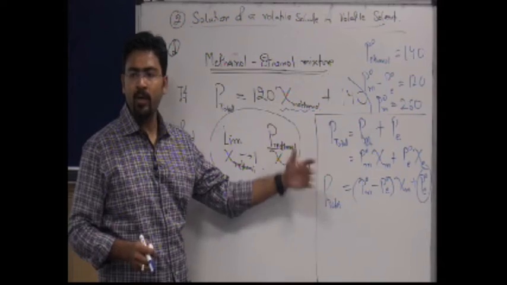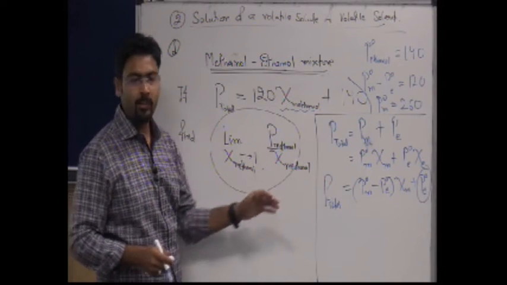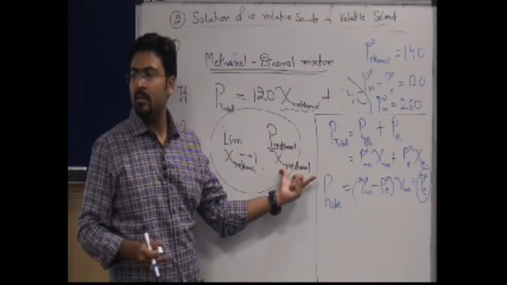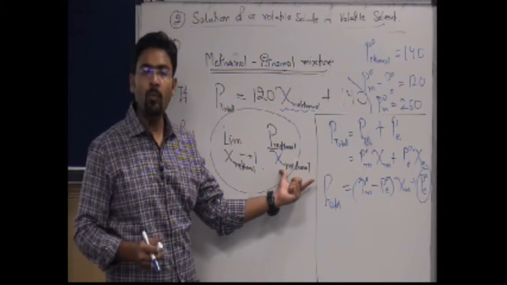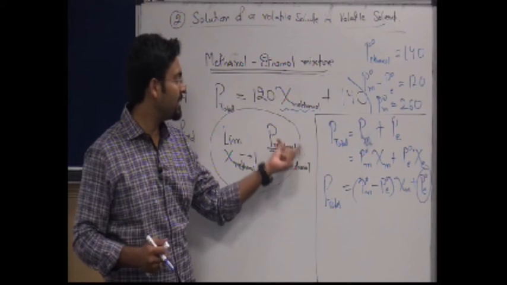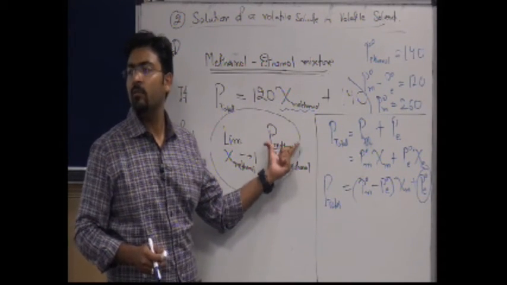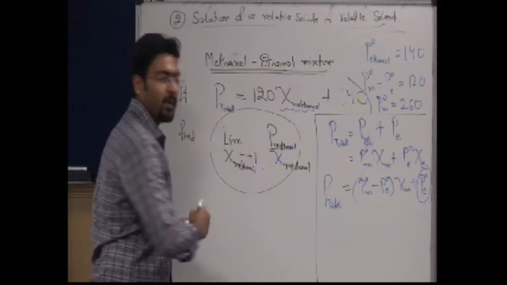You put it as 1 and solve it in the closed limit of this value. The moment it goes close to 1, this solution will become almost pure A. In this case, the vapor pressure of methanol will be almost that of pure. So this will be 1, this will be P naught.